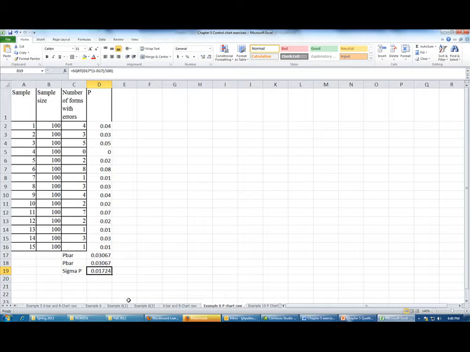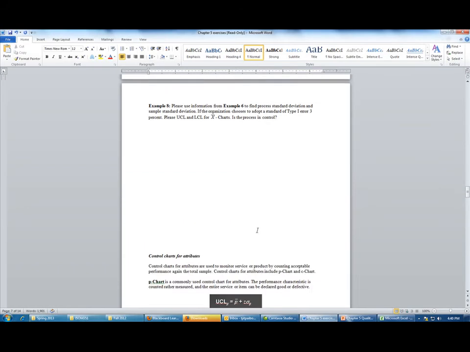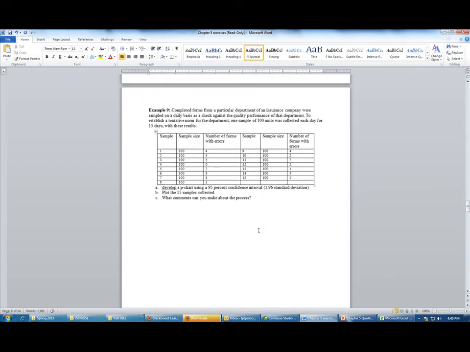Okay, now next we're going to construct the chart in this example. In this example, we use a 95% confidence interval, or about 5% type 1 error, which is equivalent to 1.96 standard deviations.